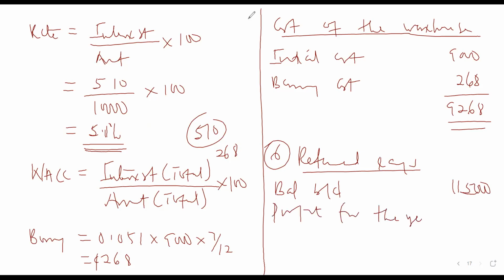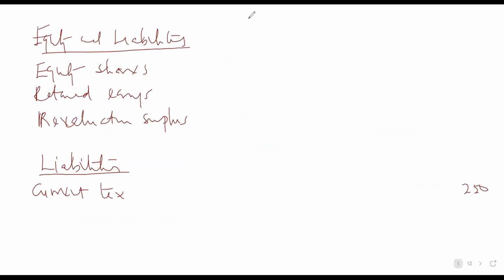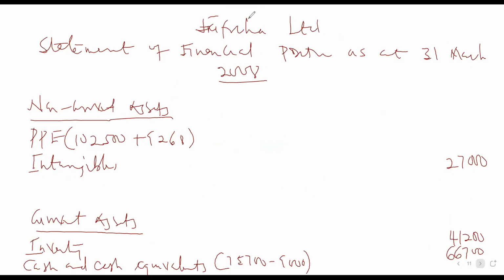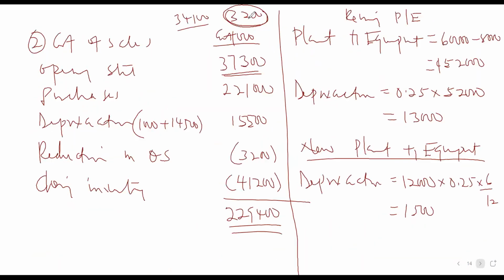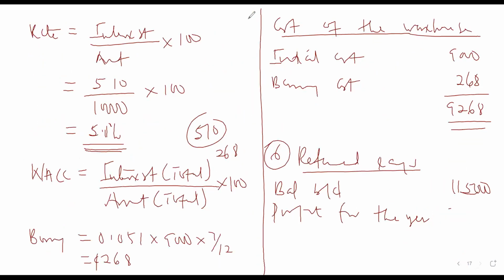The profit for the year, the only one that we are going to show is the profit, this one, 20,618. The 4,000 will go to revaluation surplus. Okay. So 20,618.